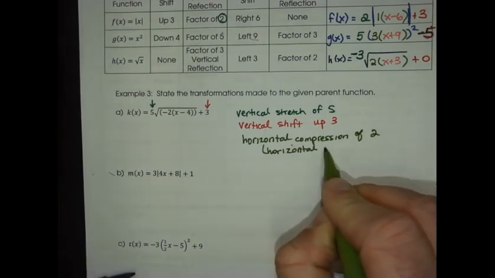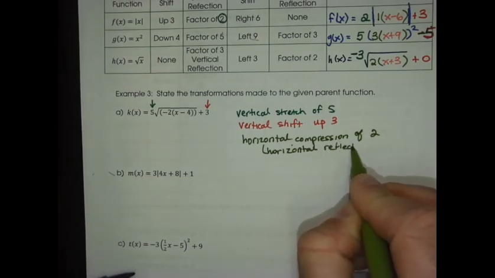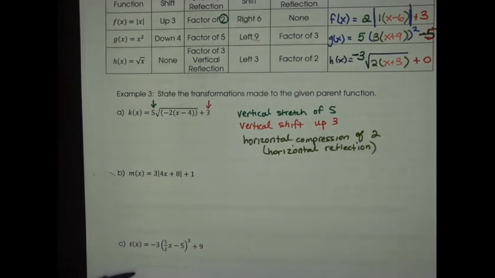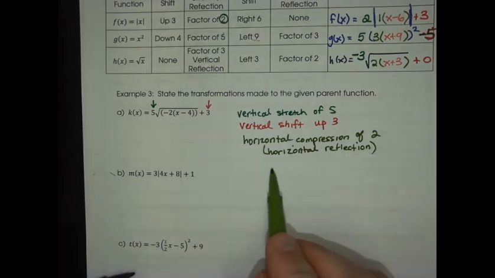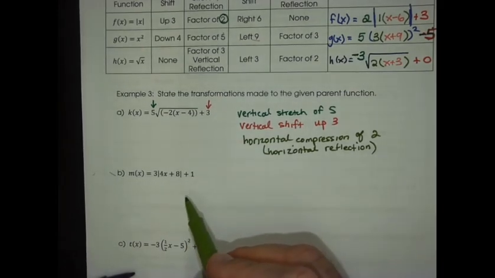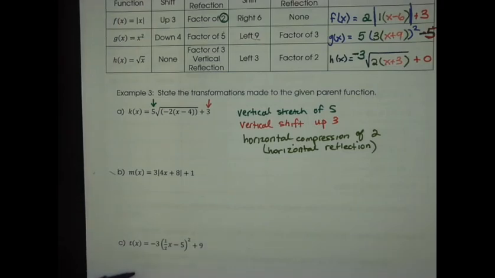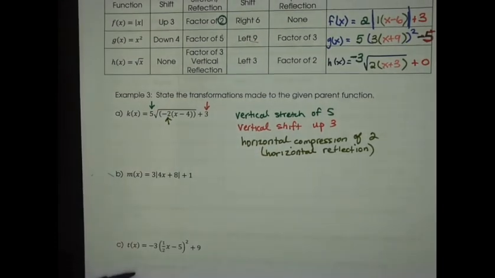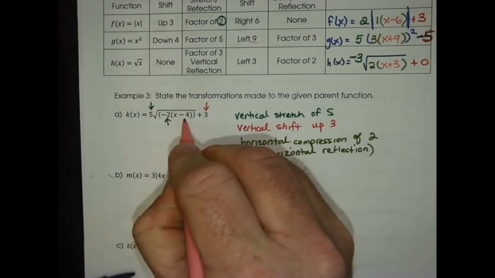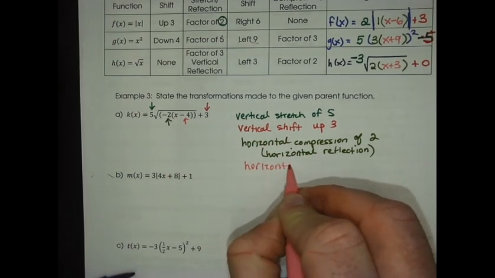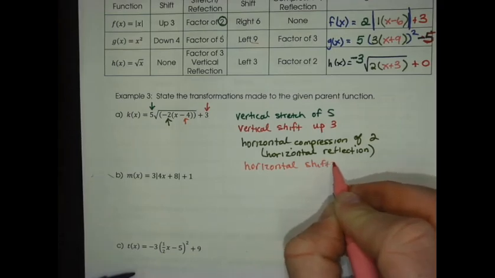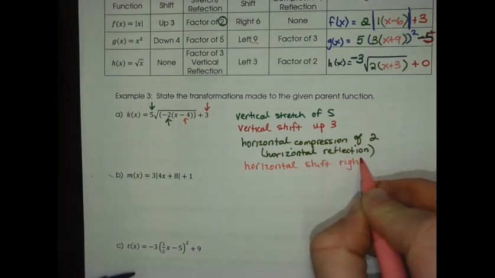And we will talk about what that looks like when we actually talk about this function, and the idea that it could be flipped. If it's opening to the right, it would flip open to the left. And we talked about that when we were doing inverse functions in the last unit. And that was the -2. And the last piece there, so we have a horizontal shift right 4, right?